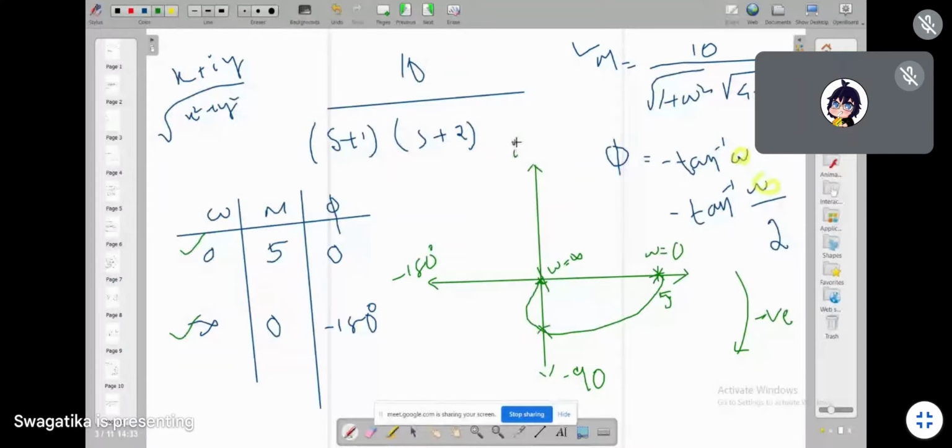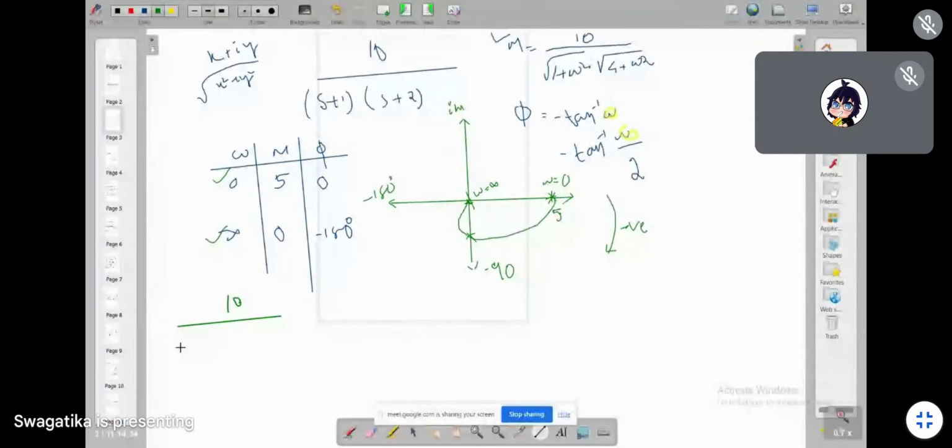So if we want to find the intersection point with the imaginary axis, the real part should be 0. So first you have to rationalize this equation. How will you rationalize? It's 10 divided by (1 plus j omega) into (2 plus j omega).